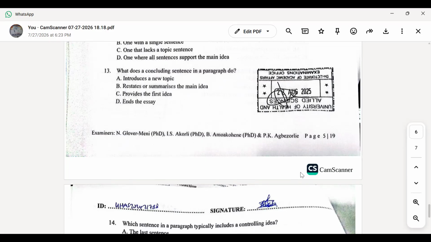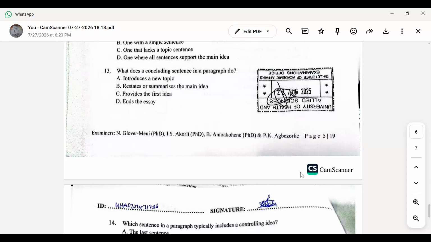Now, it is possible for a sentence to appear as the concluding sentence, but it may fail to restate or summarize the main point. You understand what I mean? The fact that a sentence appears last doesn't mean that it summarizes the main idea in a paragraph.